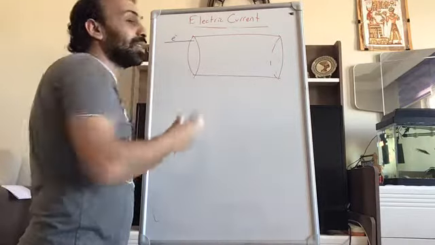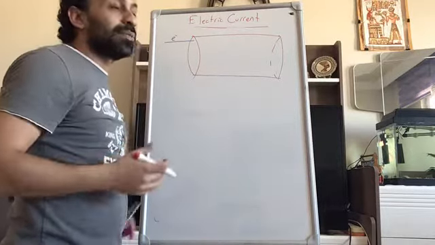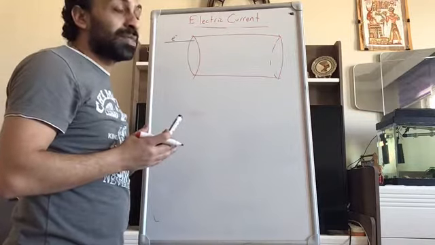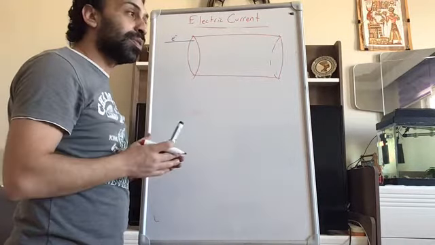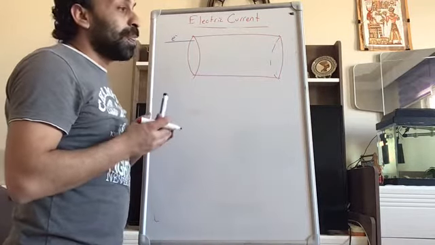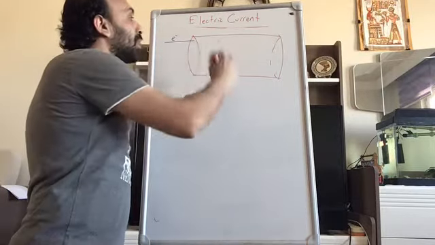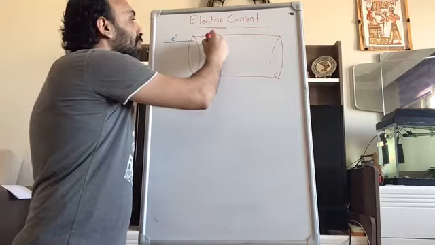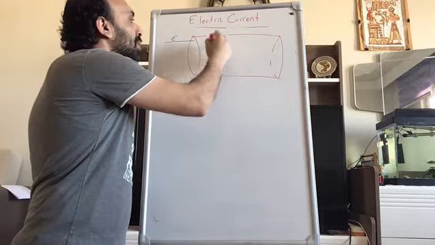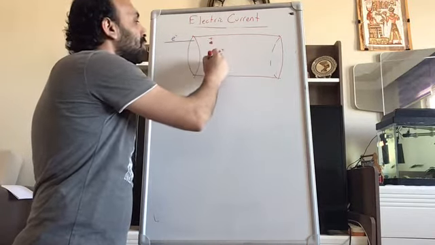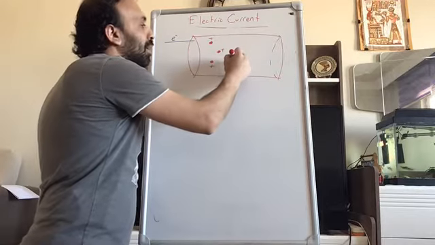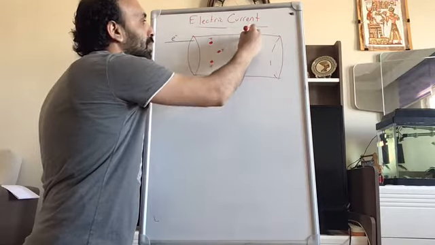Actually, this material is made of atoms. Atoms include both electrons and protons, but in the free electron model, the electrons of the atoms are moving around. So we are going to have some positively charged ions everywhere in this material.